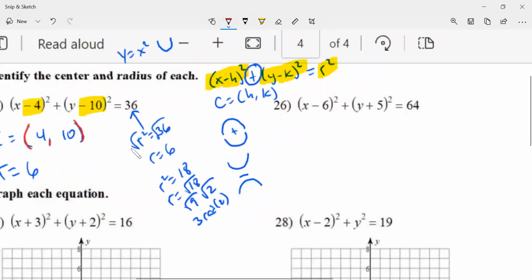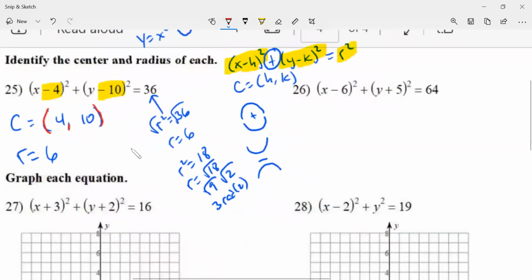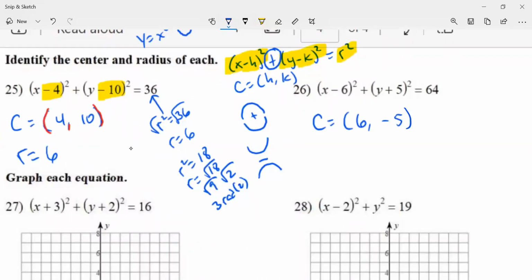Okay, so looking at number 26. The center is going to be 6, negative 5. Notice my values, I switched the signs on both, right? If it was negative, I wrote it as positive. If it was positive, I wrote it as a negative.